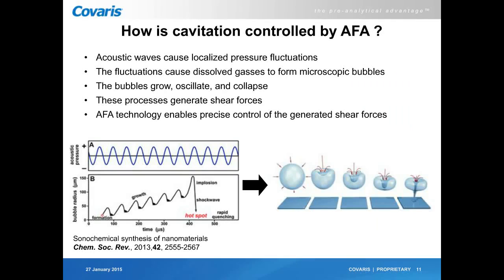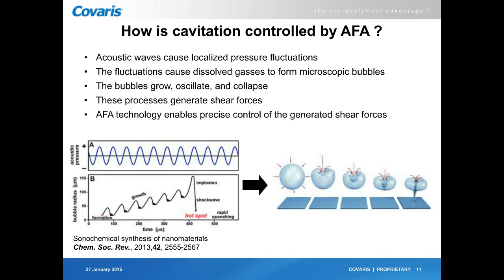So how is cavitation controlled by AFA? I will go through the different steps. First, you have an acoustic wave that will cause localized pressure fluctuations in your sample fluid. This fluctuation will cause dissolved gas to form microscopic bubbles. These bubbles will grow, oscillate, and at one point collapse. This process will generate shear force, and AFA technology enables precise control of the generated shear force.